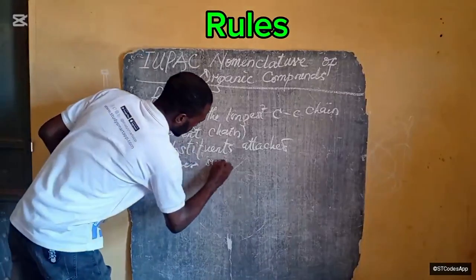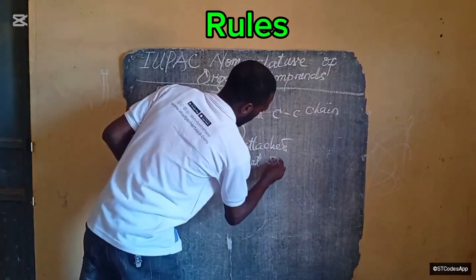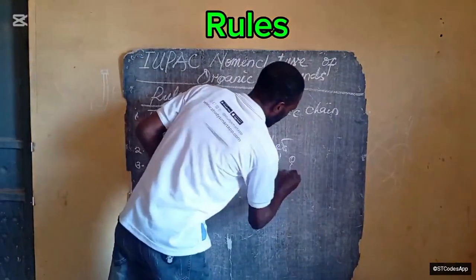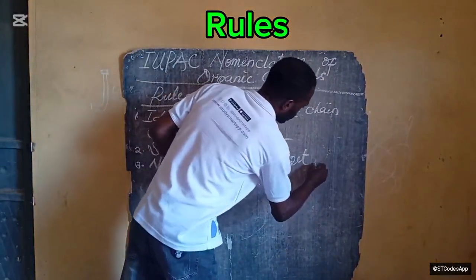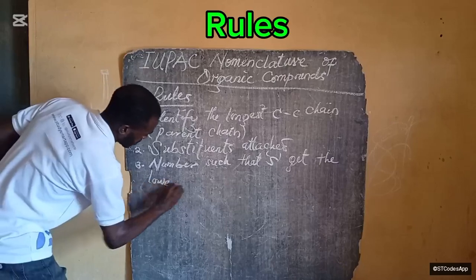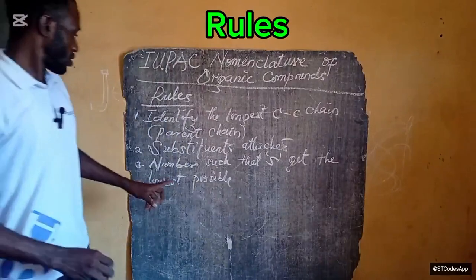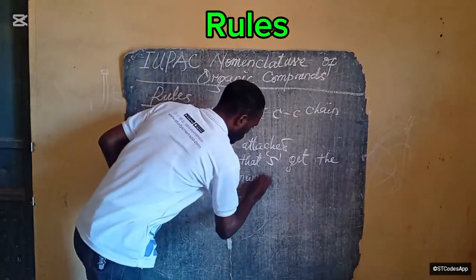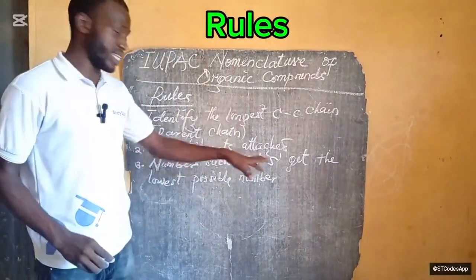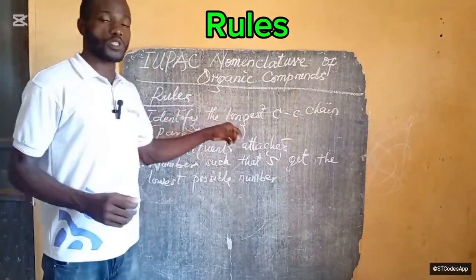Number such that the substituent, let me just put S here now to represent them, gets the lowest possible number. When you number, you are going to number in such a direction that gives the position of the substituent or functional group their lowest possible number.